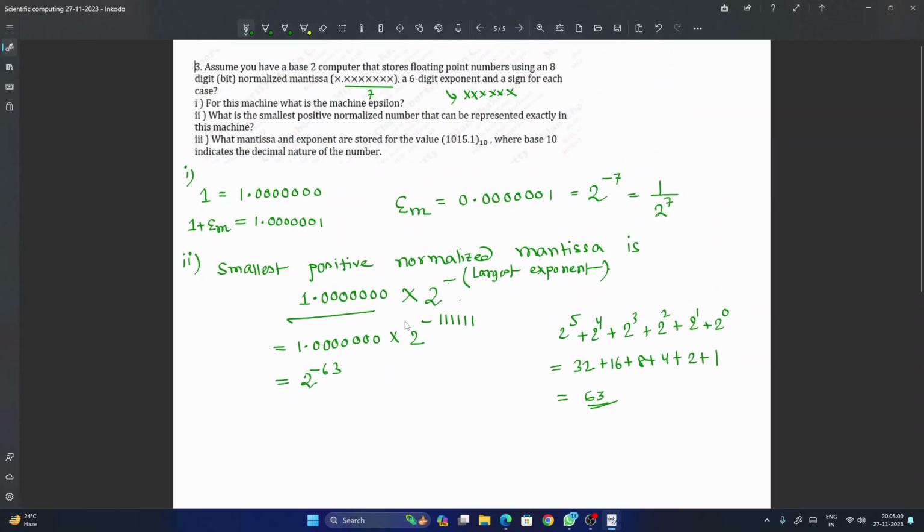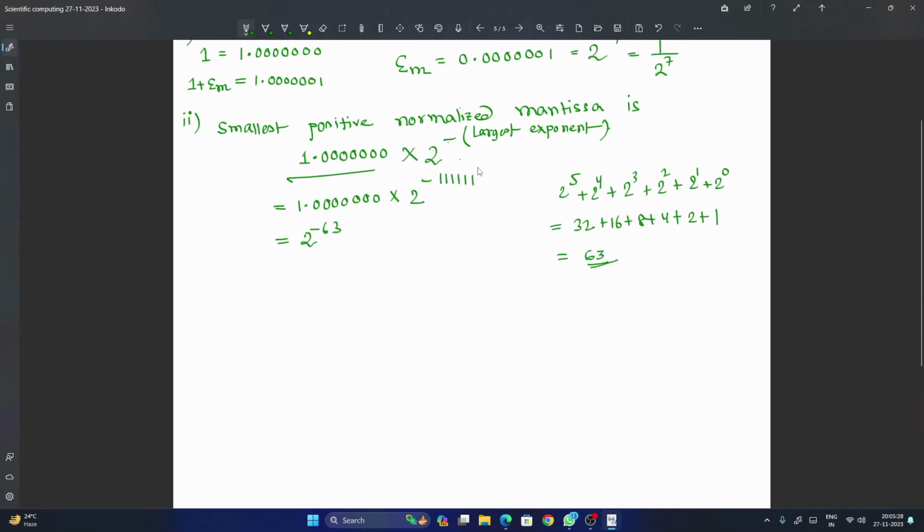So now the third question, we have already done it for the IEEE 754 format. Now we will just do it for this particular type of format, but without any biased exponent, because here you don't have to take the 127 or anything, because here they allow a sign also for the exponent part.